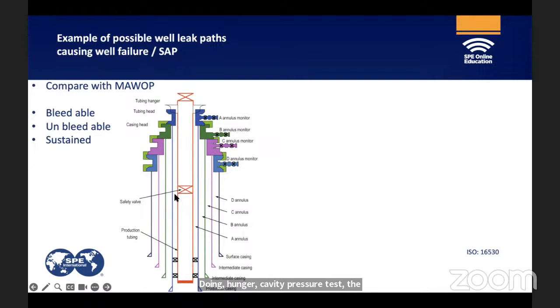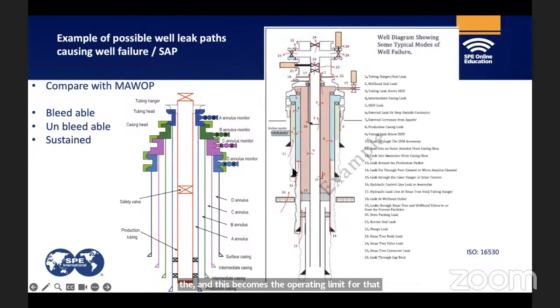So whatever is the lowest value becomes the MASP for this envelope, the A annulus envelope. And 80% of MASP we consider as MAWOP. So there is a safety factor which is built into it for the MAWOP, and this becomes the operating limit for that particular annulus. This picture is again, which I had shown earlier yesterday. This is from ISO 16530. This shows various leak paths which might occur because of failure in the barrier.